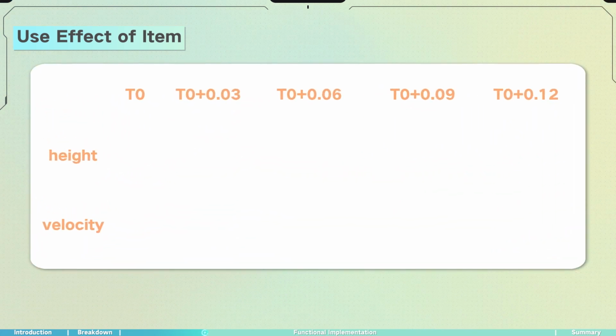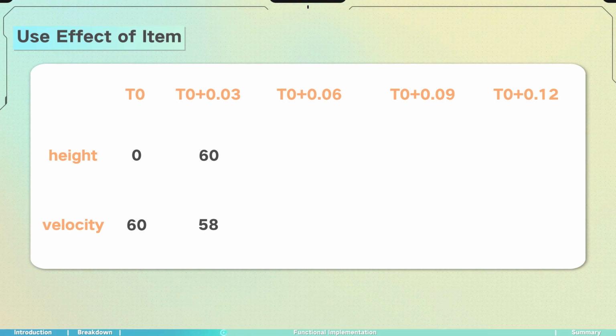For example, at t0 second, height equals 0, velocity equals 60, and the height of the firework is 0. At t0 plus 0.03 second, height equals 60, velocity equals 58, and the height of the firework is 60.